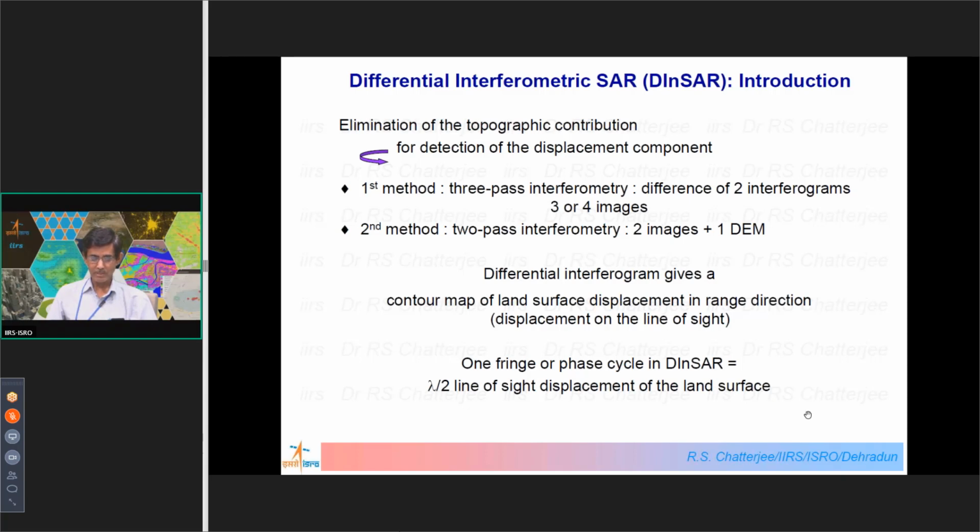Basically it is a line of sight displacement of the land surface, lambda by 2. For example, in case of C band, lambda is 5.6 centimeter, so lambda by 2 will be 2.8 centimeter. In case of L band, for example, it is 23 centimeter, so your lambda by 2 will be 11.5 centimeter, something like this. Okay.